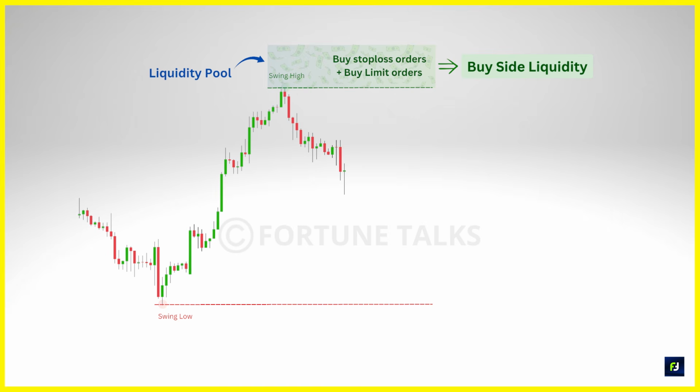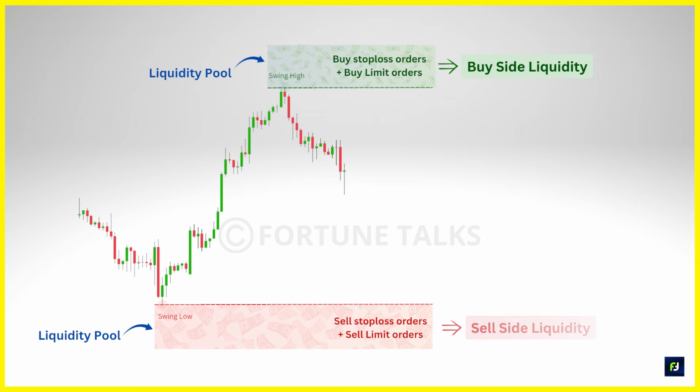On the contrary, the old swing lows have a pool of liquidity resting below them in the form of sell stop loss orders. And there are also willing sellers with their sell limit orders placed, looking to go short after a breakout below the low. These clusters of sell limit orders and sell stop losses accumulated near the swing low is called sell side liquidity.